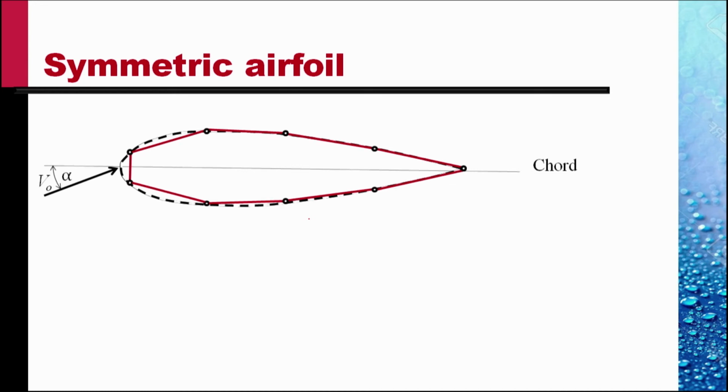We divide the surface of the airfoil into a number of straight source panels, and we choose the midpoints of these panels as control points. We number the panels and the control points 1, 2, 3, i, j up to M. So there are M panels and M control points we have chosen.